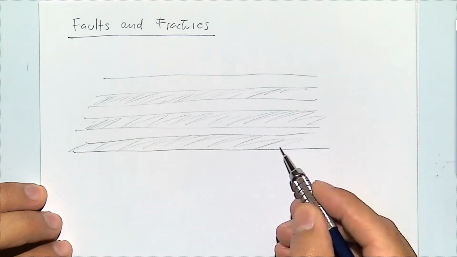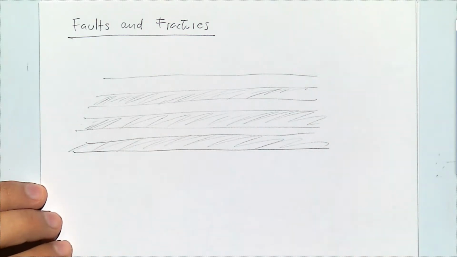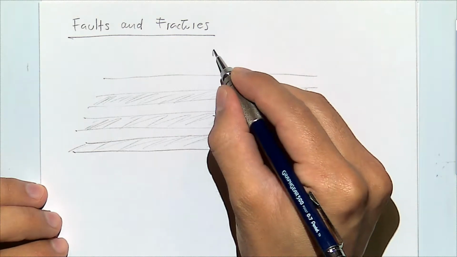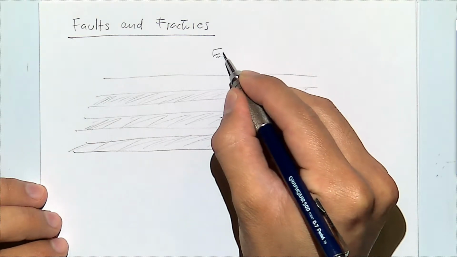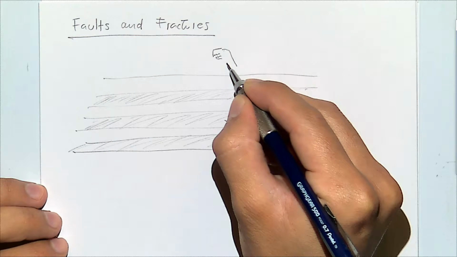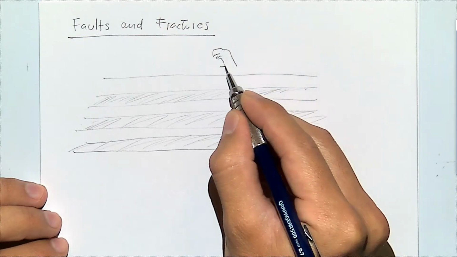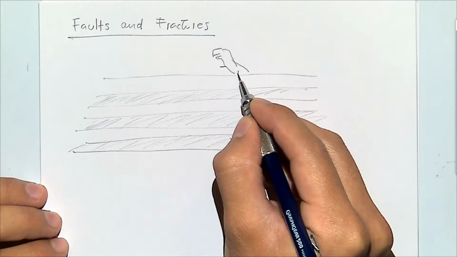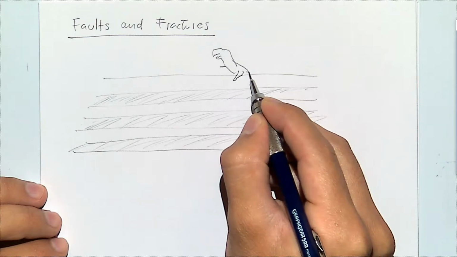So let's imagine that you have a sedimentary rock, and a long time ago, you had this rock somewhere over here, and it's supposed to be a T-Rex. Okay?